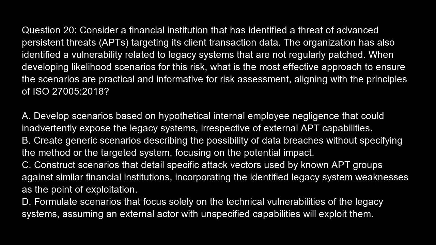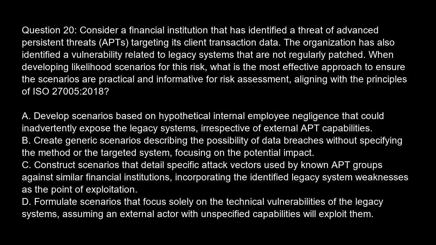Option A. Develop scenarios based on hypothetical internal employee negligence that could inadvertently expose the legacy systems, irrespective of external APT capabilities. Option B. Create generic scenarios describing the possibility of data breaches without specifying the method or the targeted system, focusing on the potential impact.